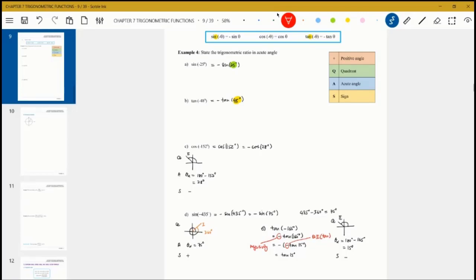Kalau kita refer yang ini. Okay, thank you Miss. So ingat yang ada letter N saja yang negatif di luar untuk negativity. So cos tak ada letter N. So cos negative angle sama juga dengan cos positive angle. So automatically negative tu akan hilang. So directly cos 152.